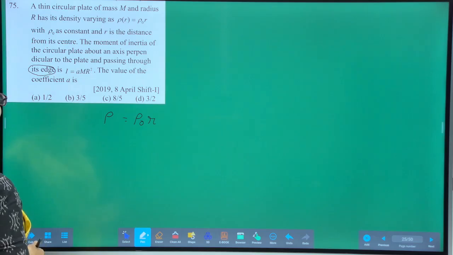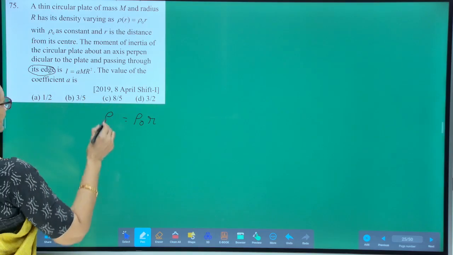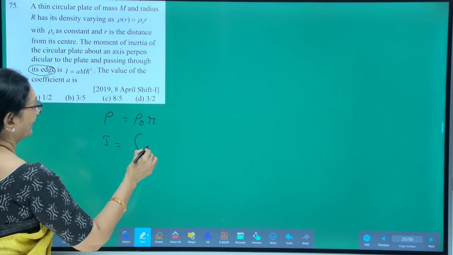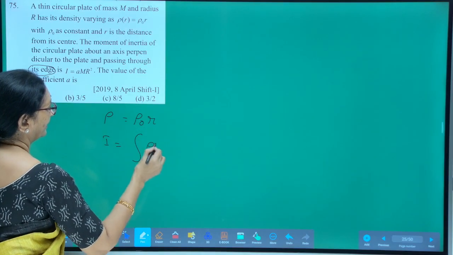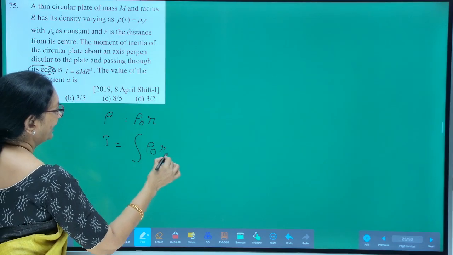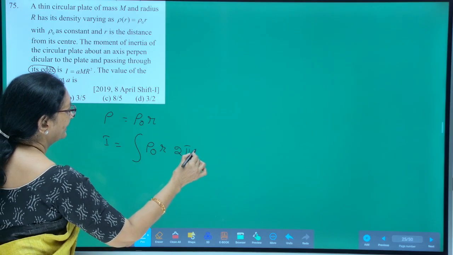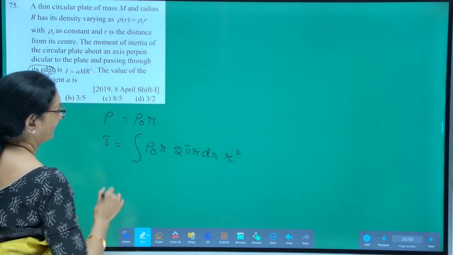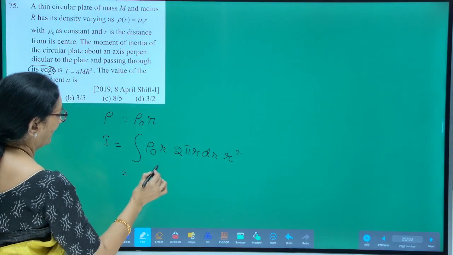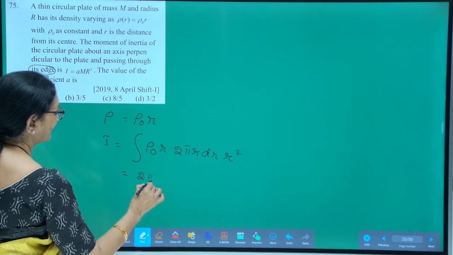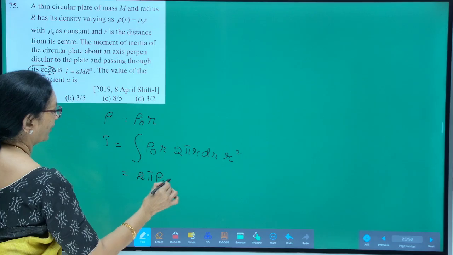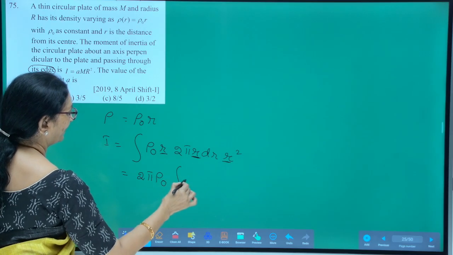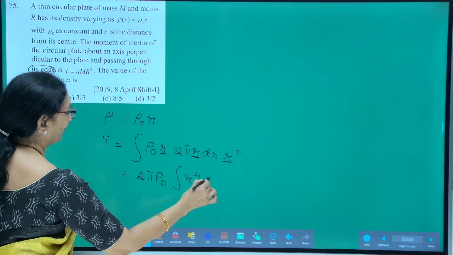Moment of inertia of the circular plate about the axis... So here, just now we have seen, the moment of inertia is mass per unit area into the area of the elementary part, that is 2 pi r dr, into r square. So, here you can take the common constants outside. 2 pi rho naught can be taken outside, r square into r gives r to the power of 4 dr.